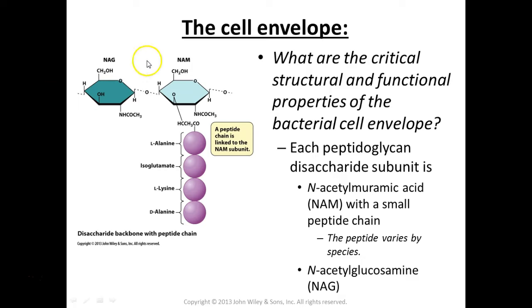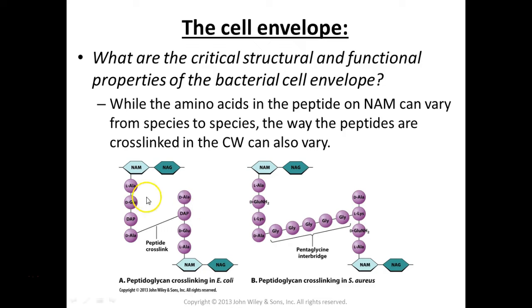The other sugar is N-acetylglucosamine. So the sugars are alternating, right? You have NAG, NAM, and then you start over, NAG, NAM, and it keeps going. And then hanging off of each one of the NAMs is the tetrapeptide. So then we start forming these linkages between even the layers. That's what the peptides, the amino acids, do.